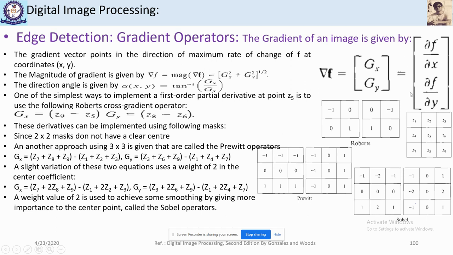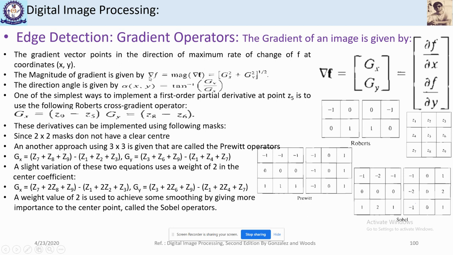This is how we give the first order derivative of f, or the gradient of f. The gradient vector points in the direction of maximum rate of change of f at coordinates x and y. We already know that the first order derivative gives us the rate of change of f at that particular coordinate.